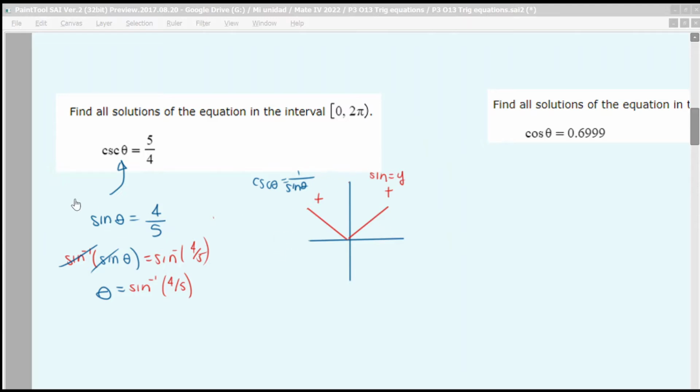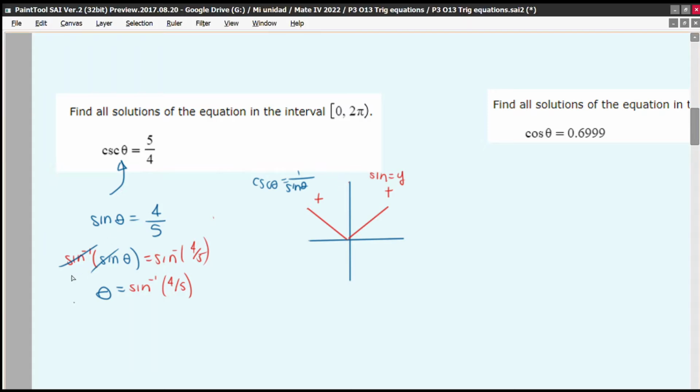Notice that even though here it says sine to the power of -1, here it writes arc sine. Both are the exact same thing. So this gives me 0.92, round up, 0.93. So theta is 0.93.